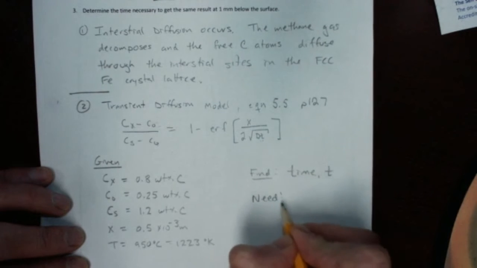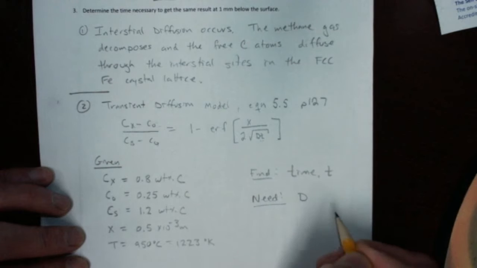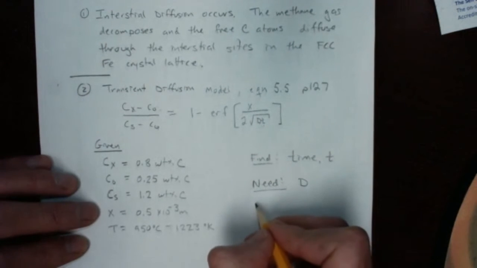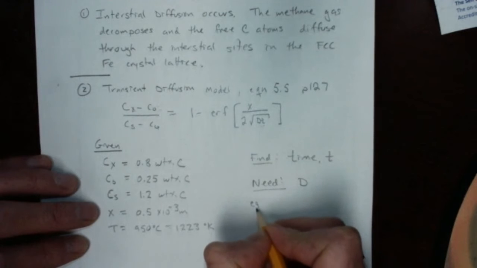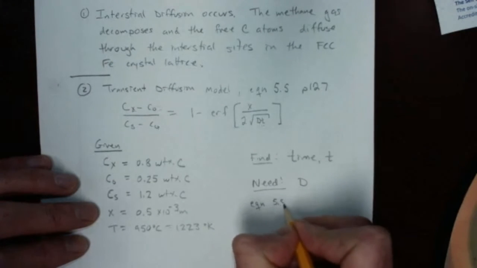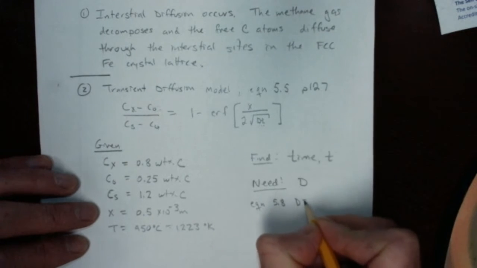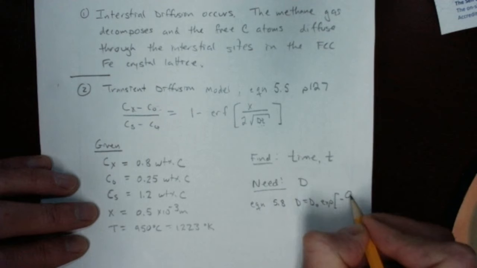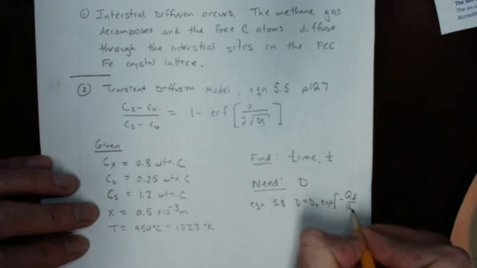Along the way, we are going to need the value of the diffusivity, and we will be using equation 5.8, which is D equals D0 times e to the minus QD over RT.